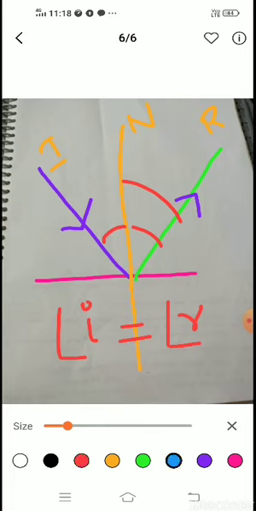The point where you are able to see your incident ray is called the point of incidence, and this one is called your point of reflection.